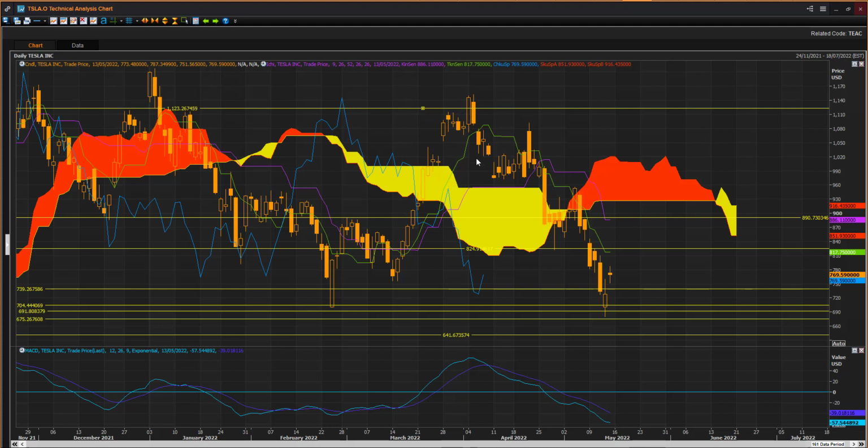At this point also, Tesla was quite extended from the top end of the cloud. So that was another sell signal to take profit around this 1,110 to 1,140 zone. Tesla then sold off, tried to find support at the top end of the cloud, sliced through that, and that was another sell signal, a long-term sell signal, as price action below the cloud is bearish.